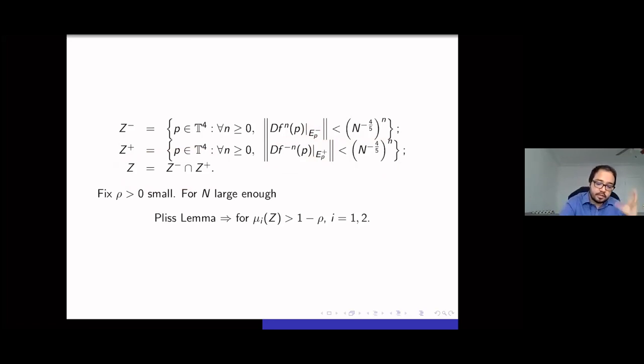You have this thing called Pliss lemma, which is actually a lemma from analysis, that allows you to prove the following: for any rho, if n is large enough, the measure of Z for each ergodic component of M is larger than 1 minus rho. So you actually have sets of large measure where you will be able to apply these constructions.